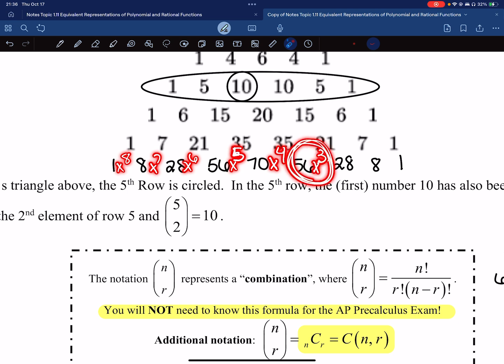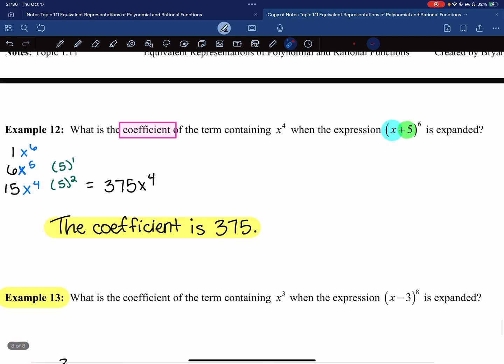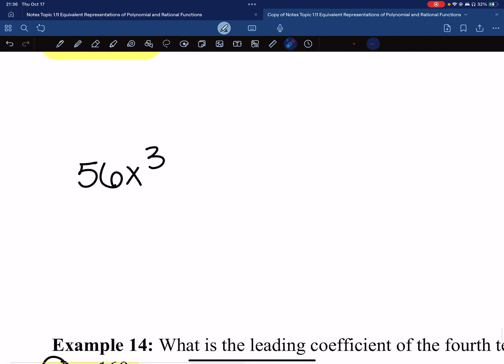So this is the term we're working with. With a -3, we can just work this way until we get to this term. So this would be -3 to the 8th, -3 to the 7th, -3 to the 6th, and this would be -3 to the 5th power.